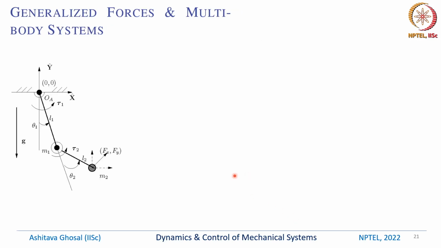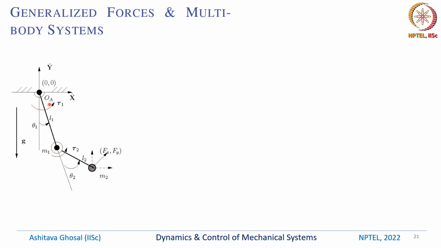But let's continue. Let's take a very simple 2 degree of freedom system, two rigid bodies connected by two rotary joints. This is probably the simplest possible multi-body system. So we have what is called a double pendulum. We have one pendulum with a mass at one end, then another link and mass at the other end.